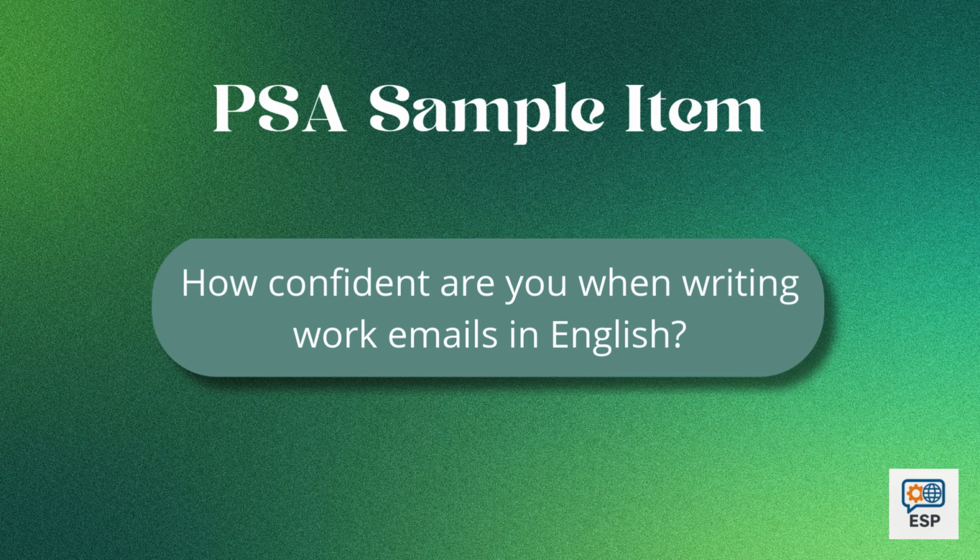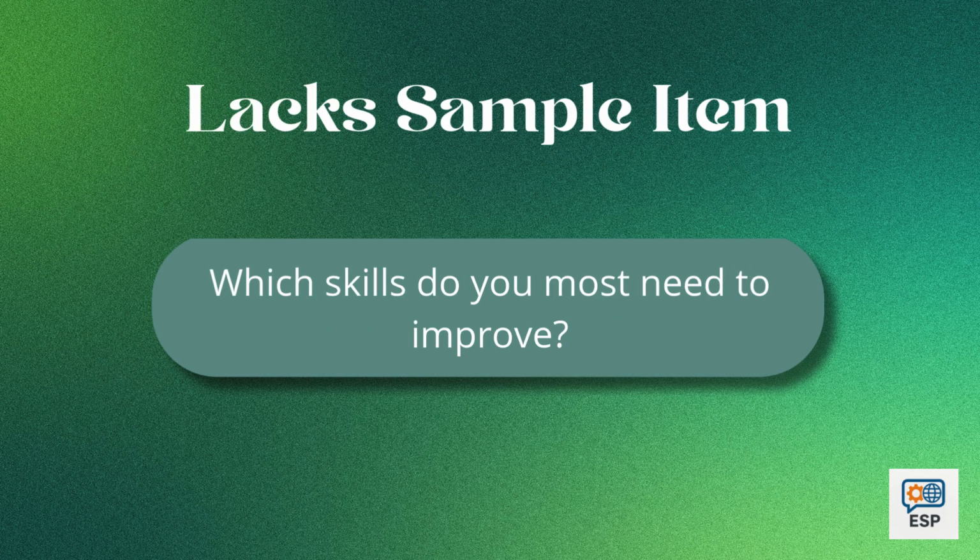So let's move on to the last example question. This final example focuses on the learner lacks, where it reads, which skills do you most need to improve? Now, this has a really good self-evaluation element when organized in a very specific way.